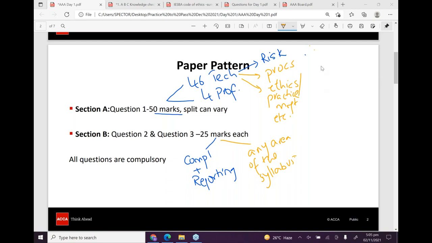So in the AAA exam in particular, you cannot hope to skip a topic and think, oh my God, just because I've left this topic, I can still pass this paper. So be very careful that every single question in this paper is compulsory. You have to do it, and it could be from any part of the syllabus as well.